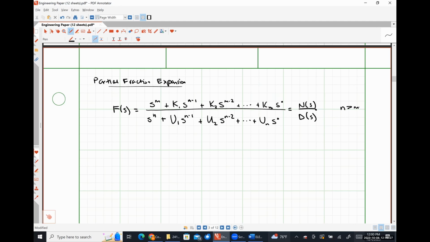This will be annoying enough, believe me. All right. So we need to figure out a way by which to split this ratio of polynomials into a sum of smaller parts that we know the inverse Laplace transform of, and that would be a partial fraction expansion representation.